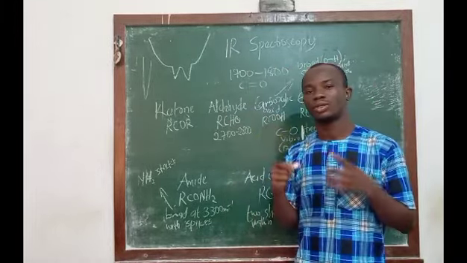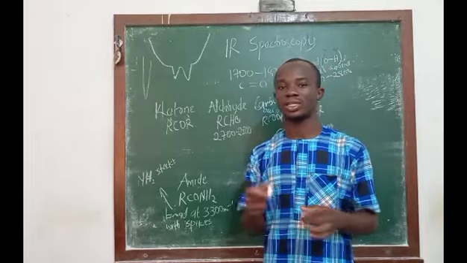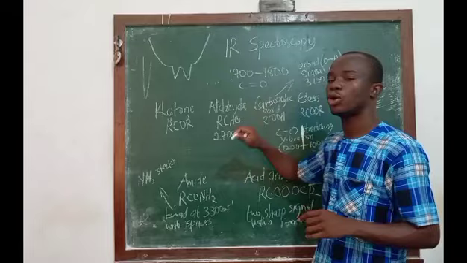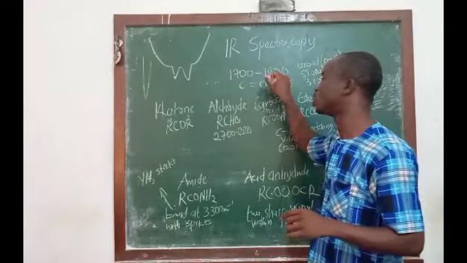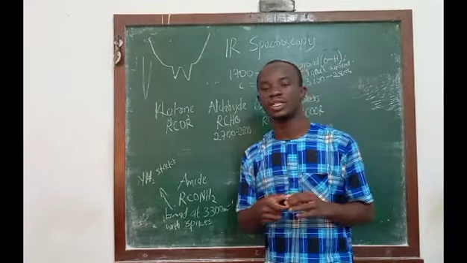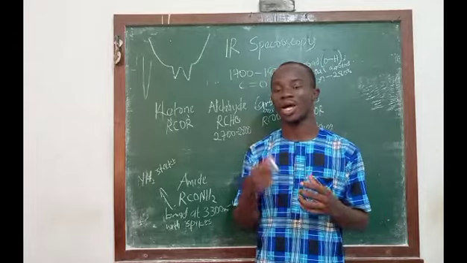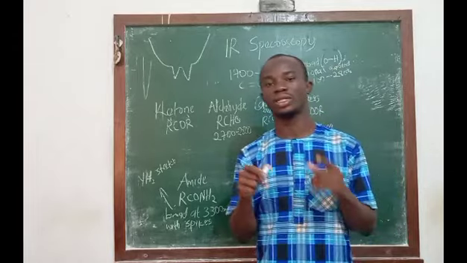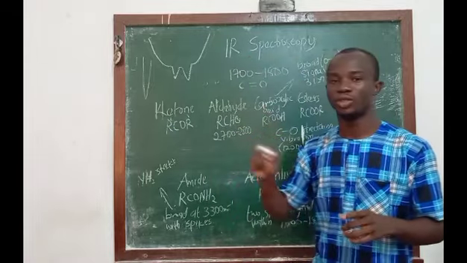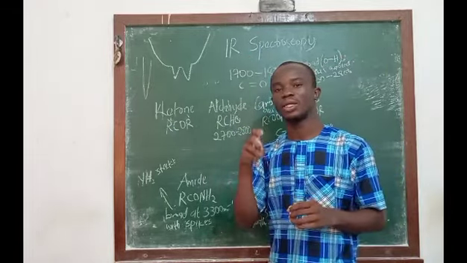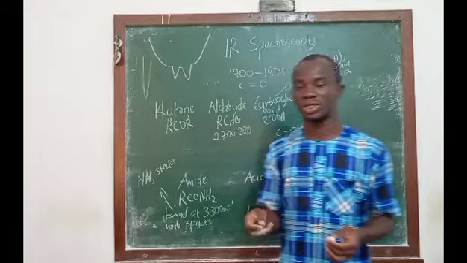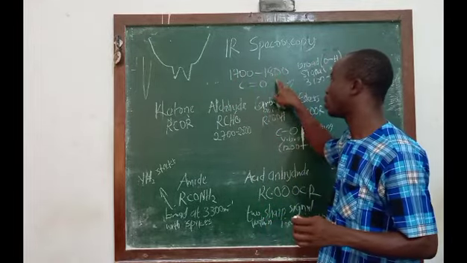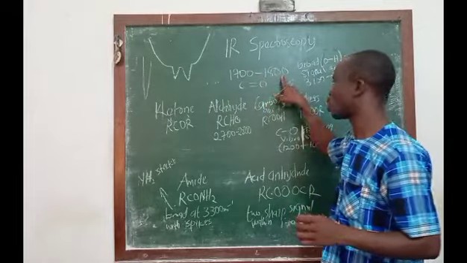And to remind us, don't forget that I said that in some cases, the signal for carbonyl can also fall below this region, but that would be in the case whereby the compound has conjugation or can undergo the mesomeric effect. But if neither of these two effects, which lower the vibrational frequency of bonds, is present, then you can be certain that the signal for carbonyl will be between 1700 to 1800.